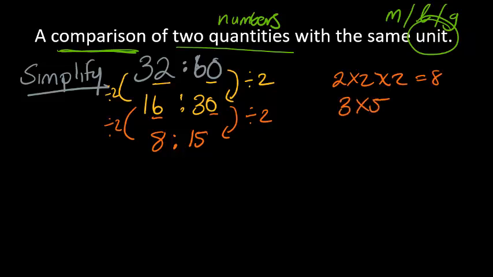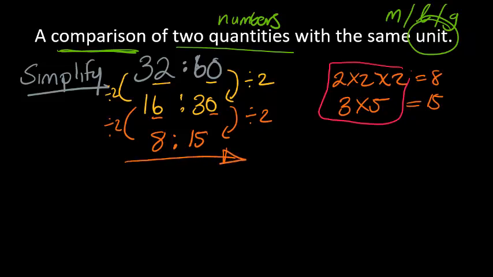All of these here are prime factors, and I've got nothing in common, which means that this is my final answer. This is as simple as it gets. There is no number that goes into 8 and 15. So 8 to 15 is the simplest ratio that I can find.